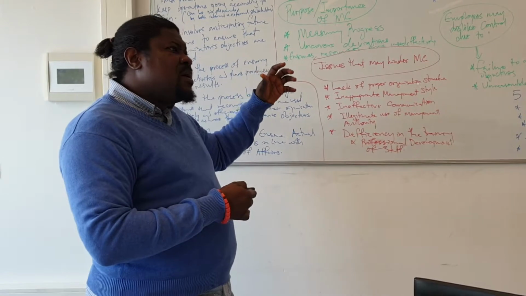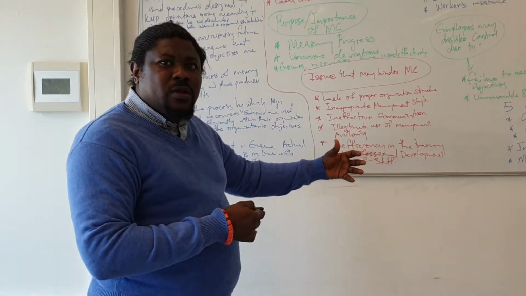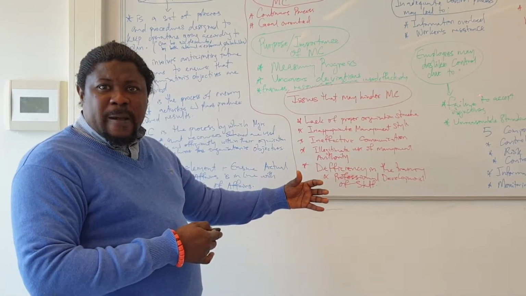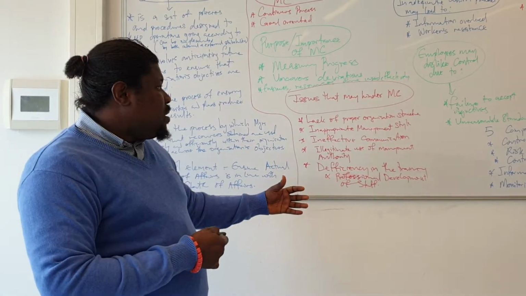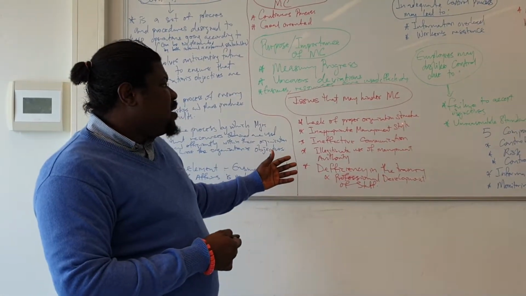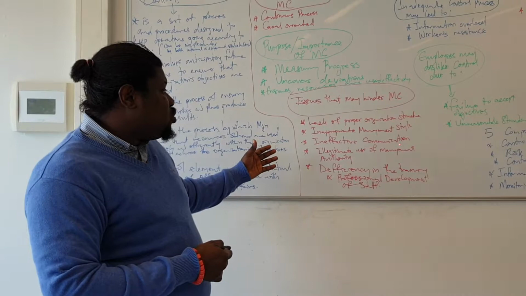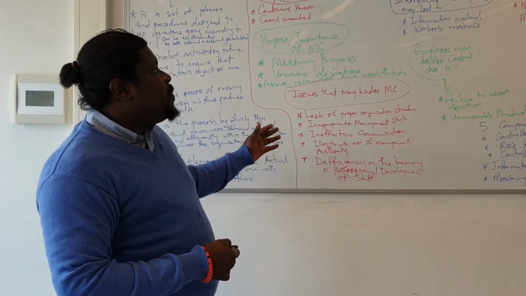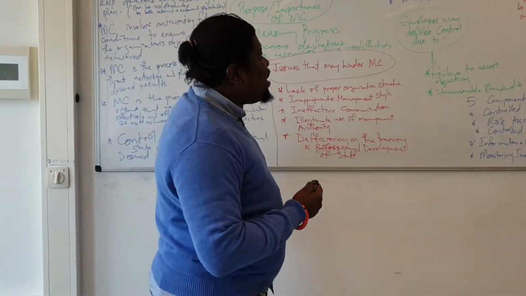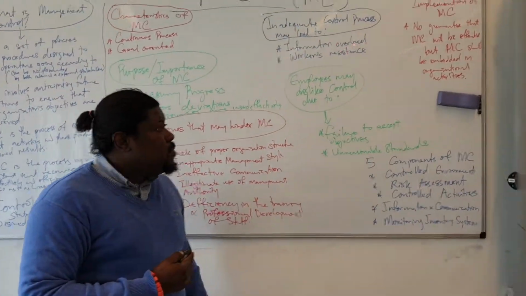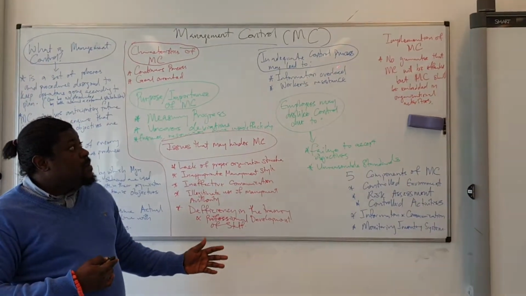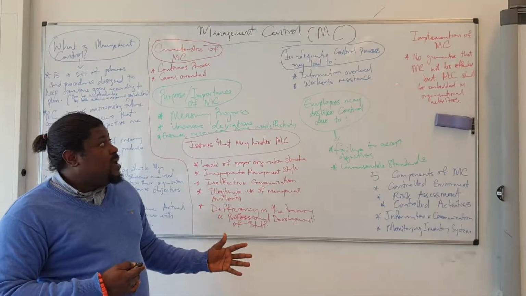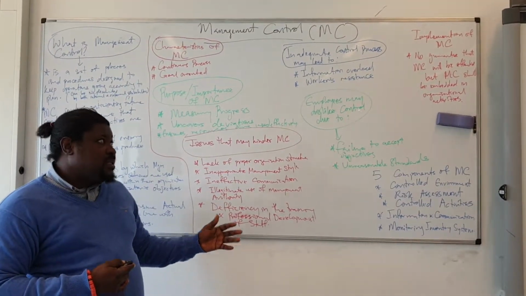If senior management fails to communicate what's going on to the rest of the team, then there might be a problem. Inappropriate management style, lack of proper organizational structure, and staff who are not well trained may hinder management control. Again, inadequate control process, okay, may lead to information overload or workers' resistance.